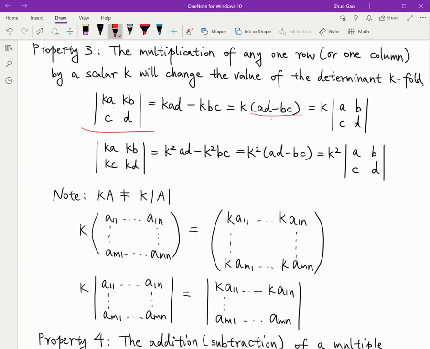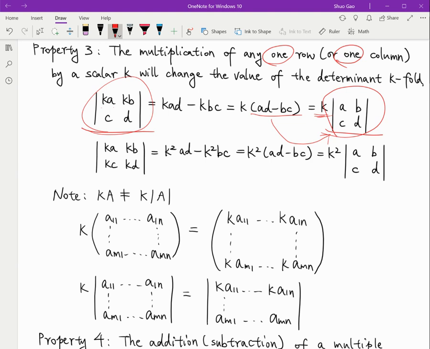And ad minus bc is just the determinant of this matrix A, B, C, and D. So we can see that the determinant of this matrix is just K times the determinant of the original matrix. It means that if we multiply any one row, only one row, or one column by K, the determinant will be multiplied by K.